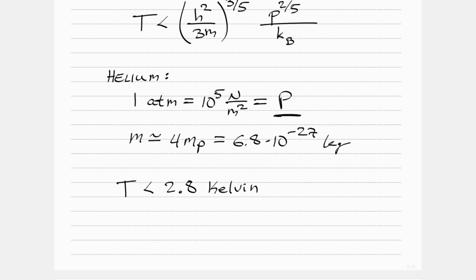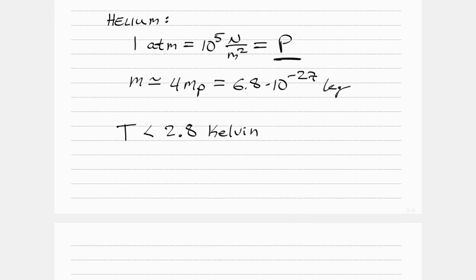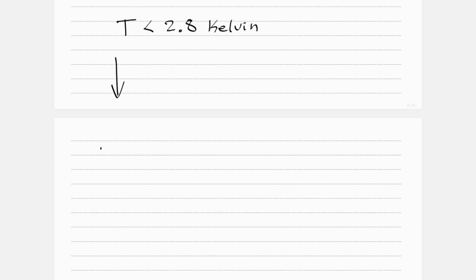And then for monatomic hydrogen, we have that the characteristic size of the system, D, is approximately 0.01 meters.